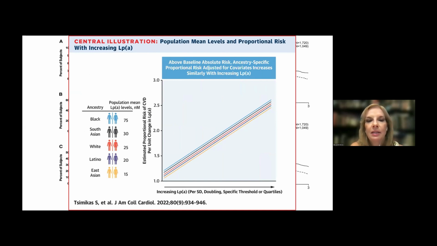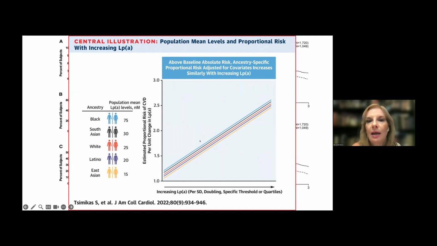And this is a recent study that reinforces the data I showed before in the previous slide, that Black people bear higher LPA levels, and with less risk in East Asian people.